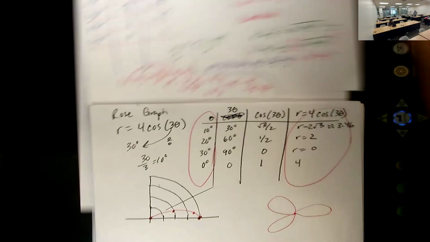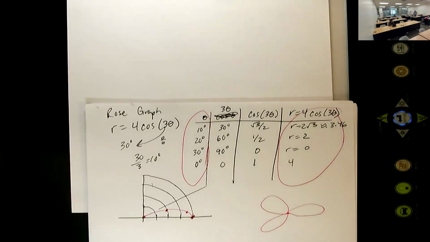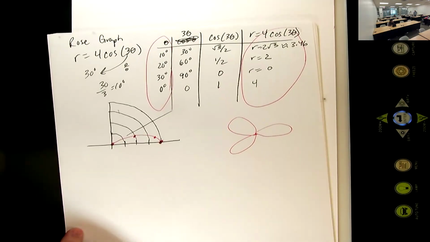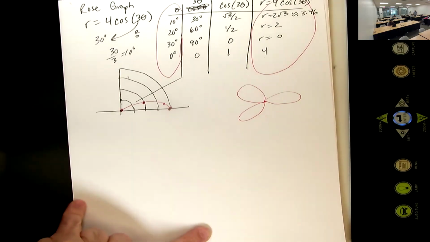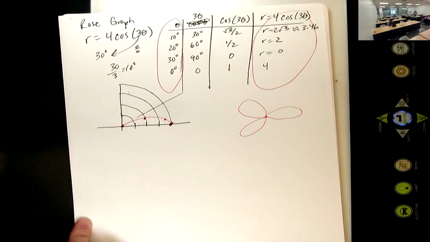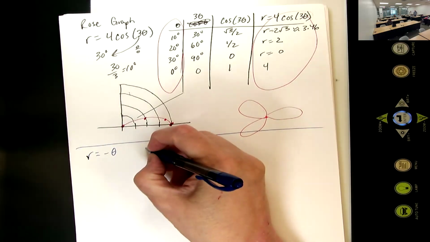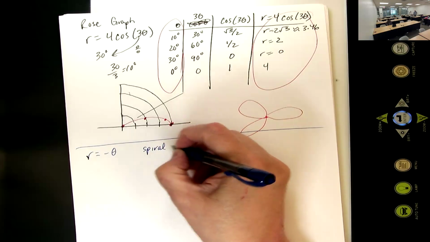That looks bad, it should be more evenly spaced, it should look like a 3-leaf clover. One that's a little more fun to look at is r equals negative theta. This is called the spiral of Archimedes.